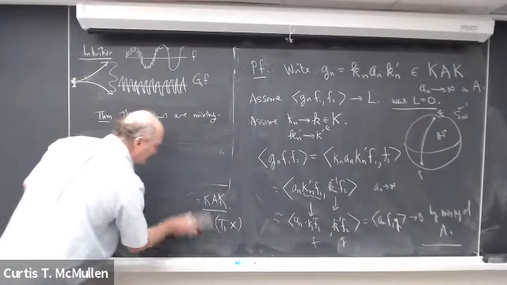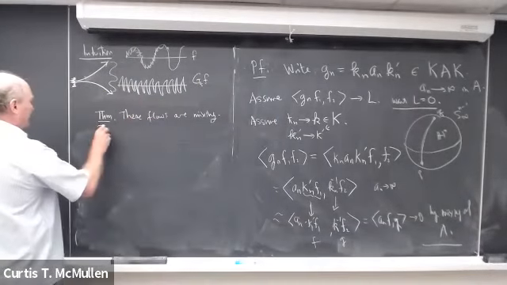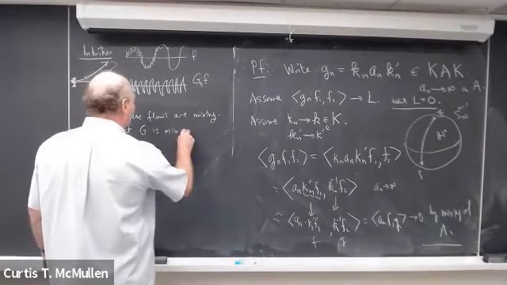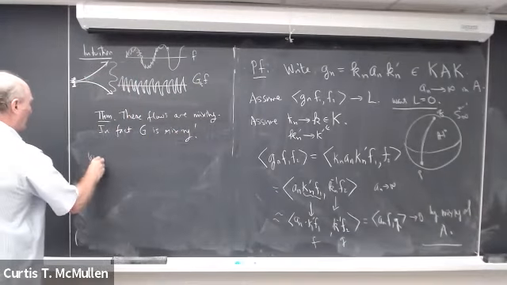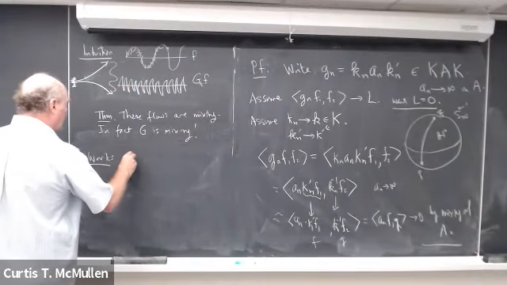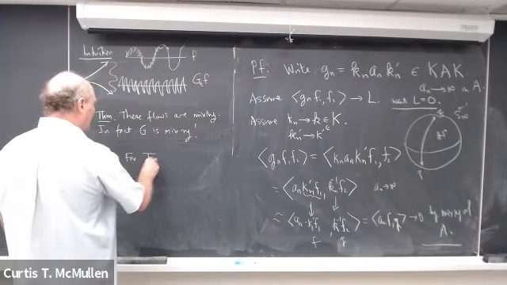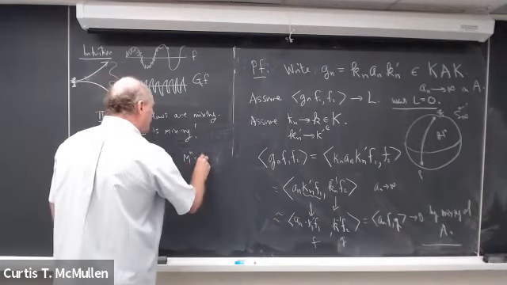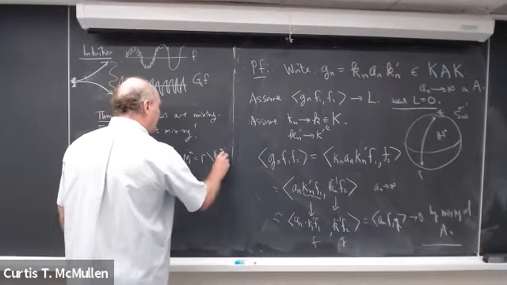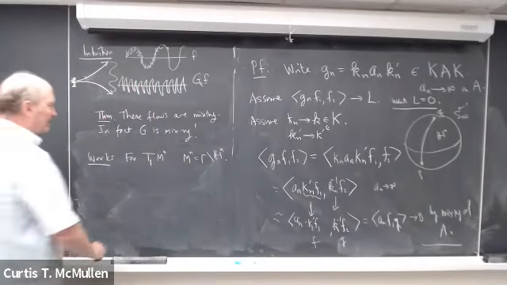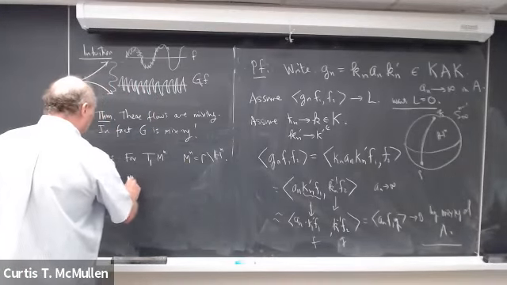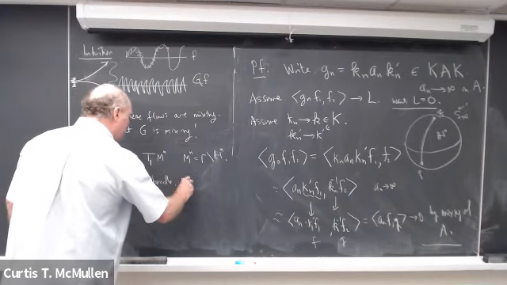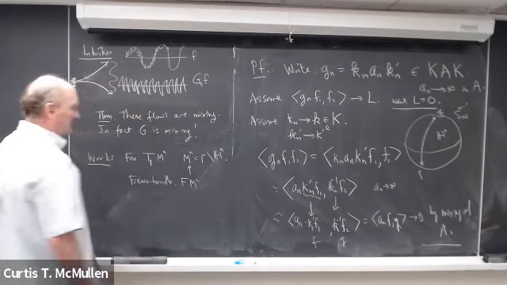So let me just mention that this theorem, which I'll now amplify, is saying, in fact, G is mixing. It works also for the unit tangent bundle of M_n, where M_n is gamma mod H^n, a hyperbolic n-manifold, and in fact, it works for the frame bundle, that is the set of orthonormal frames, F M_n over M_n.